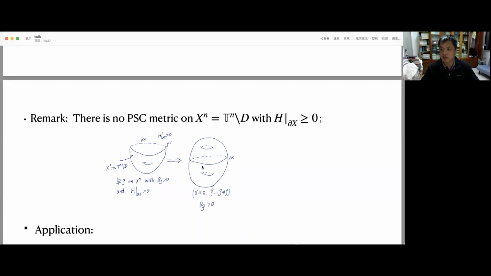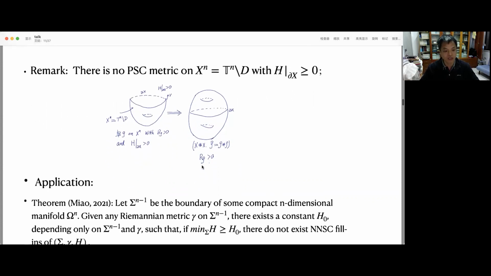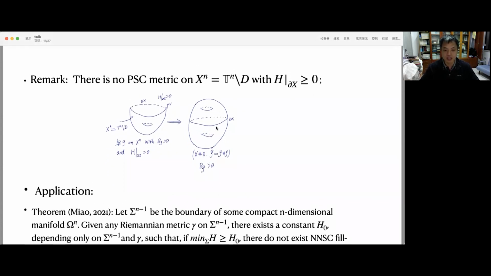And this is a contradiction to Schoen-Yau's result, because its topology is Tn connected sum Tn. At least for n less than 7, there is no positive scalar curvature metric on such a manifold. Okay.